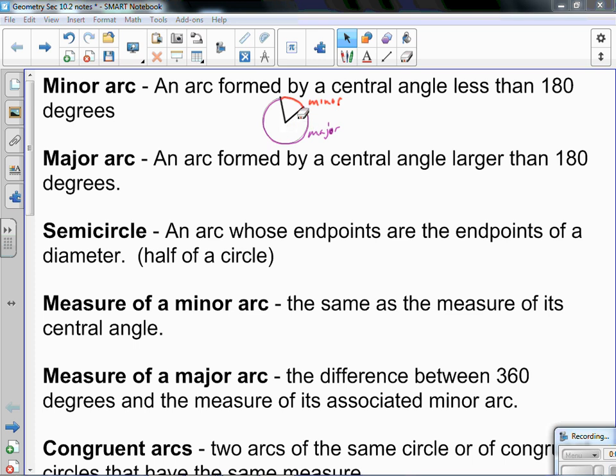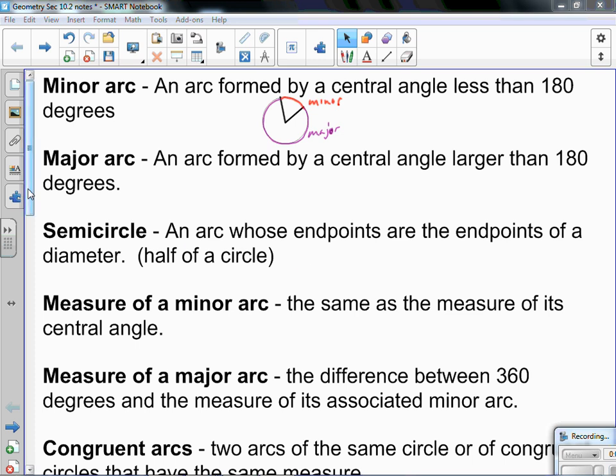So that makes this side of the arc a major arc, and the little part inside here the minor arc. A semicircle is an arc whose endpoints are the endpoints of a diameter. Since a diameter cuts a circle in half, it's going to be half of a circle, a semicircle.